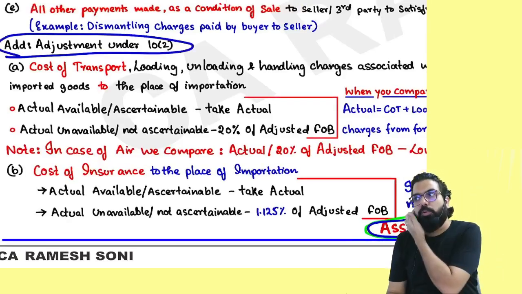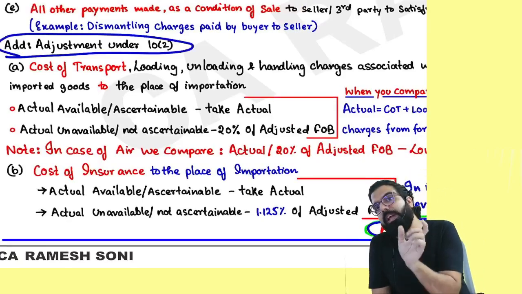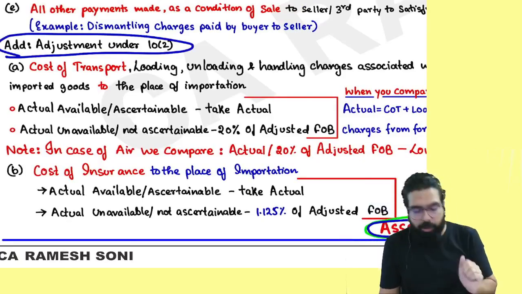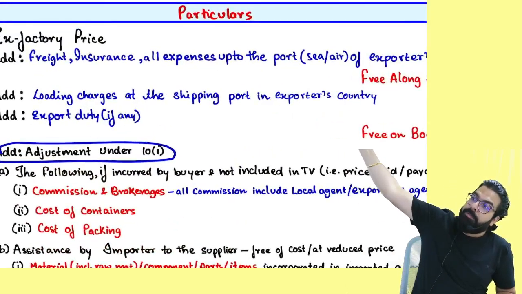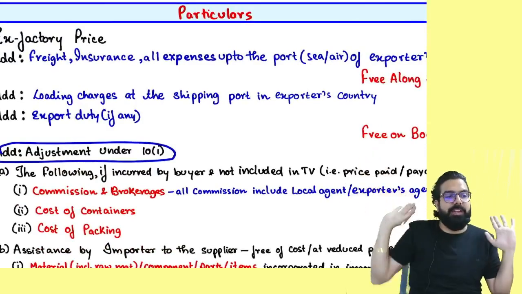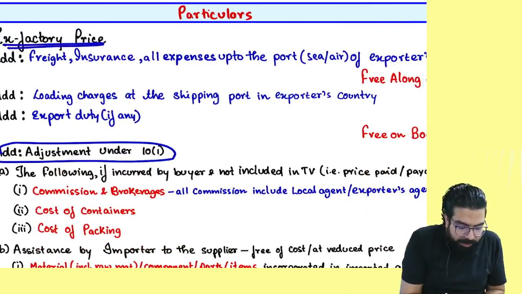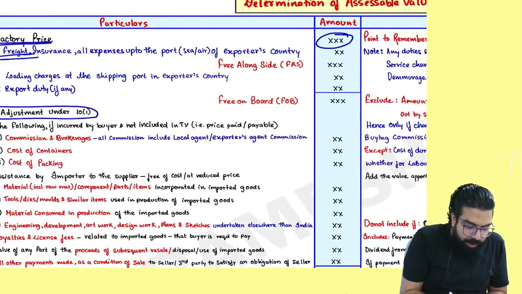Only then the CIF will be the assessable value. Are we clear, everyone? Now, sir, we'll start from there. We'll start from the exporter's factory and we'll arrive at the CIF price. Sir, first you have the ex-factory price. Do you guys agree with me? Then you will add what?